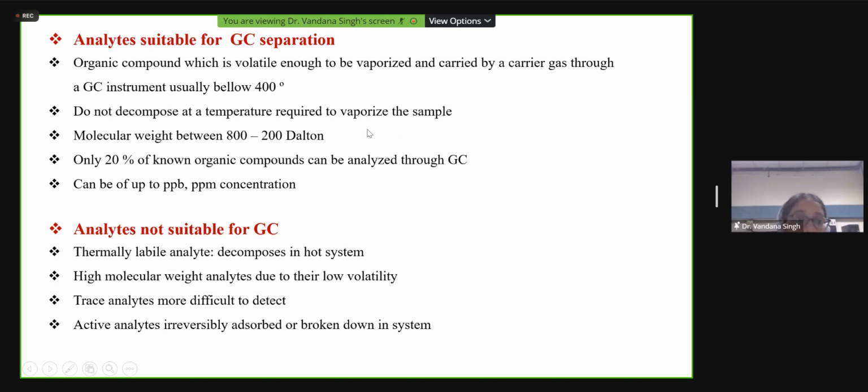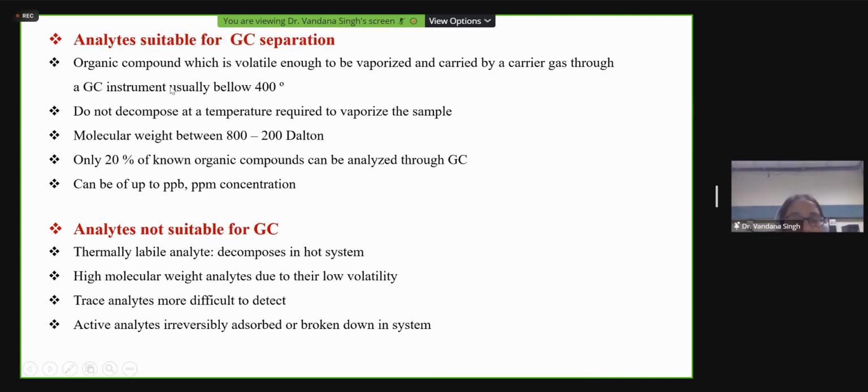They have a molecular weight within the moderate range, because very high molecular weight again interferes with the volatility. The higher the molecular weight, the more issues with the volatility. So because of these limitations, only about 20% of the non-organic compounds can be analyzed through a gas chromatography system.